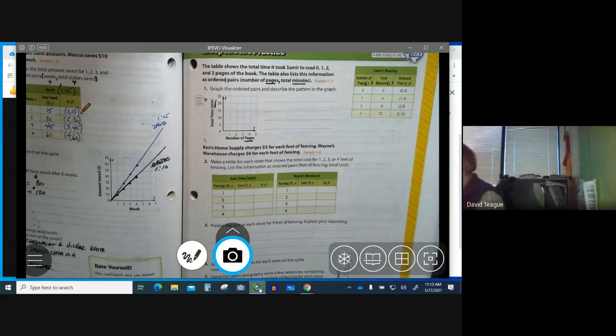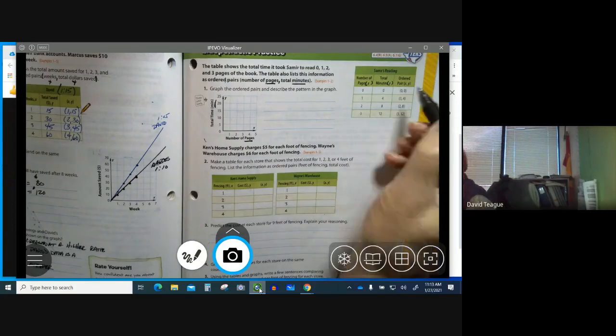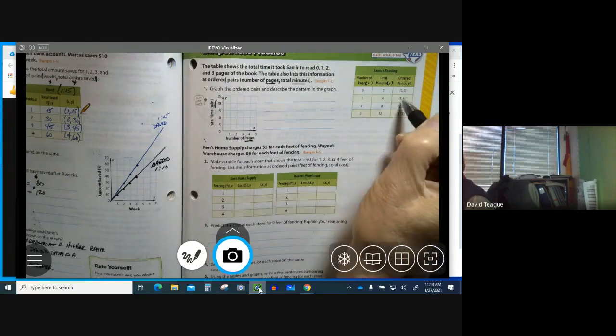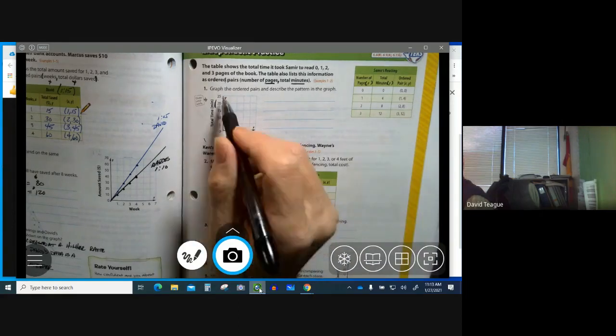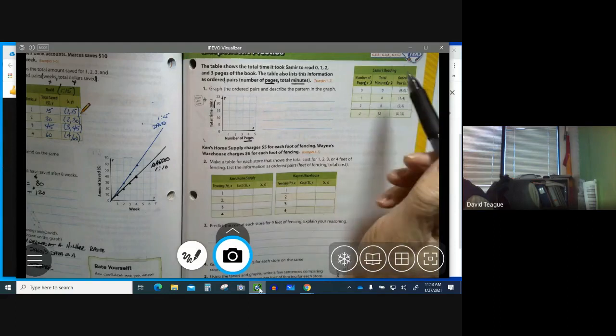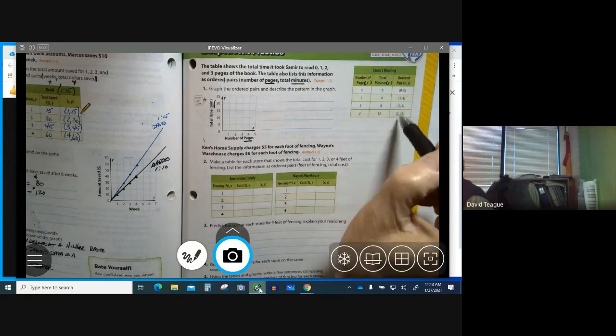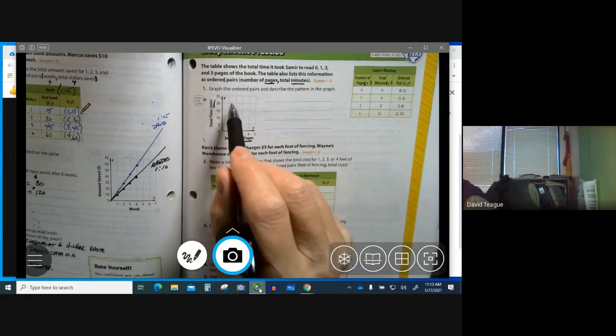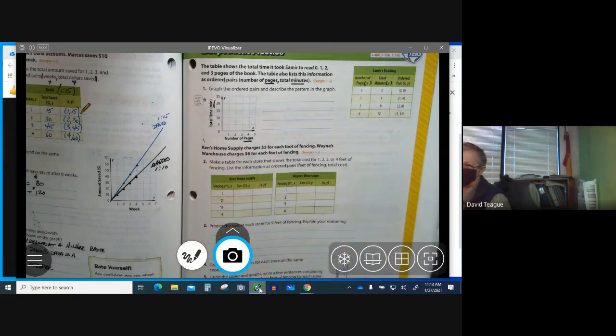I want you to go ahead and plot these specific points, these ordered pairs, on this coordinate grid. I'm going to give you like 2 minutes, and I want you to put these points over here on this coordinate plane. And then we'll see how you do.